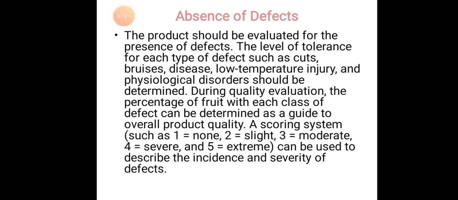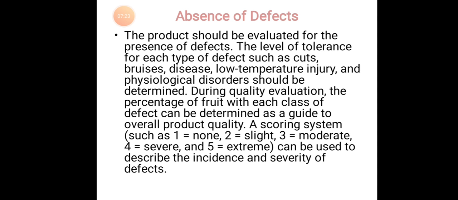Absence of defects. The product should be evaluated for the presence of defects. The level of tolerance for each type of defect, such as cuts, bruises, disease, low temperature injury, and physiological disorders, should be determined during quality evaluation.